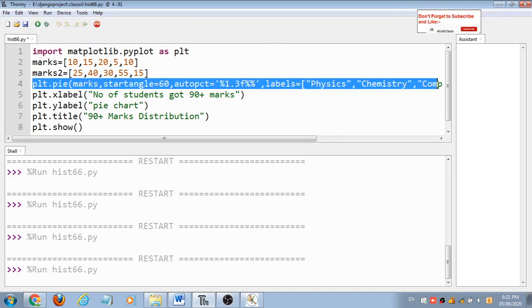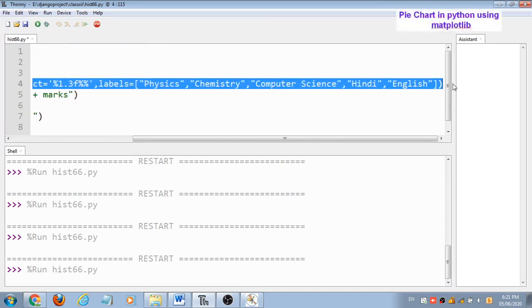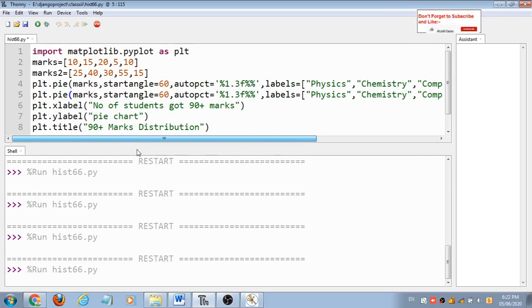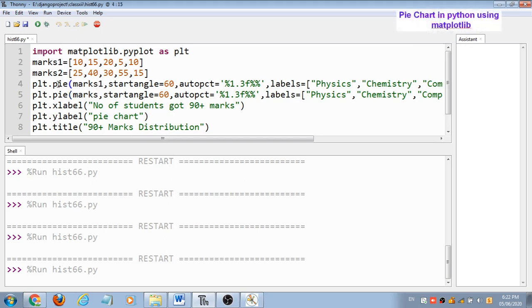So I am copying and pasting this. This is marks 1. I am drawing this pie chart for marks 1 and this pie chart for marks 2. By calling this function 2 times, it will draw the 2 pie charts.